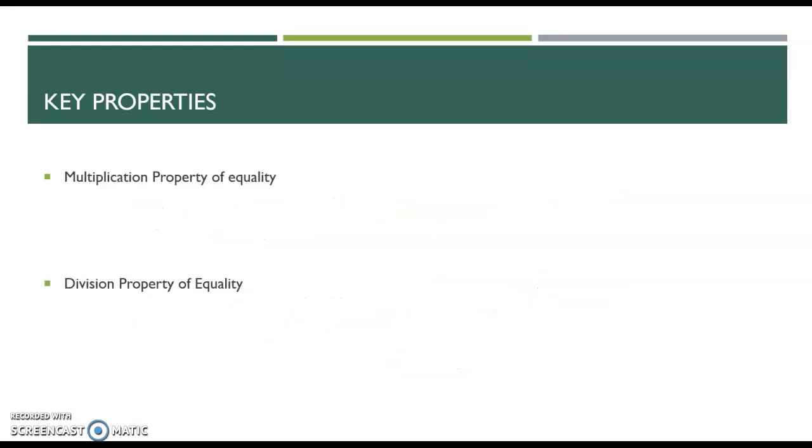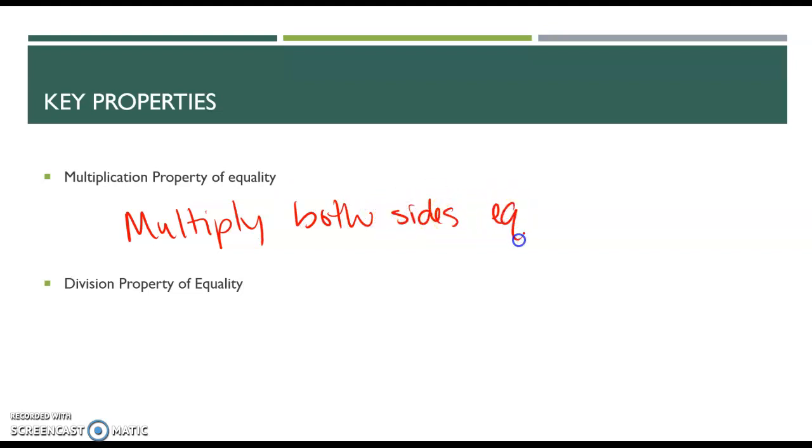All right, from here we also have our multiplication property of equality, which means to multiply both sides equally. And I call that MPOE, multiplication property of equality.